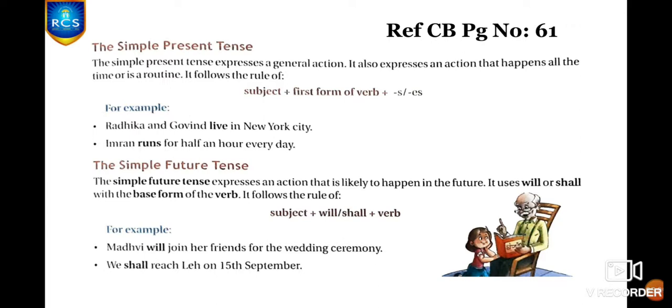It follows the rule subject plus will or shall plus verb. For example, Madhvi will join her friends for the wedding ceremony. We shall reach Leh on 15th September. Clear, children? For an action that is likely to happen in the future, we use the simple future tense. And what is the form? Subject plus will or shall plus verb.